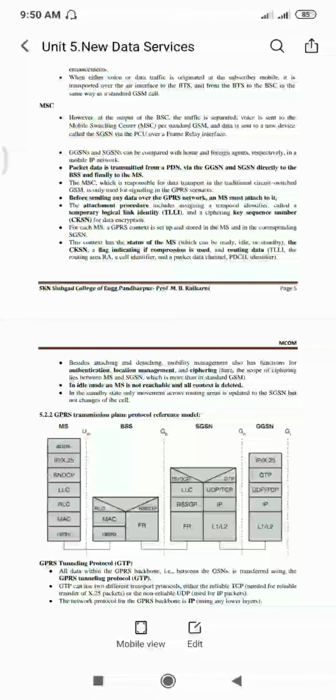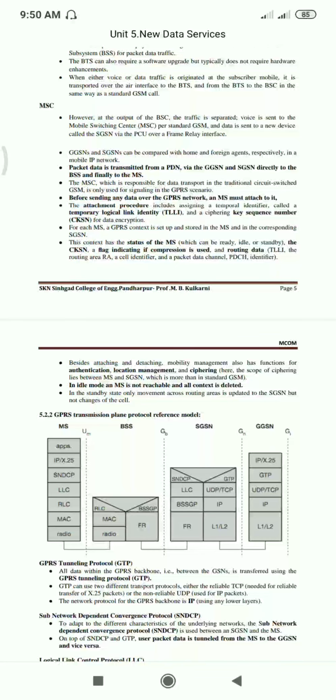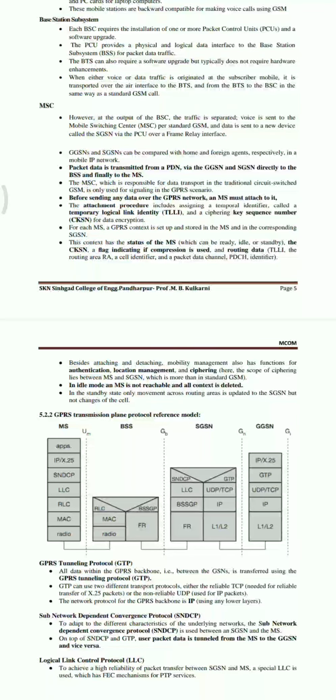Whenever the mobile station is in idle mode, the context created for that mobile station is deleted from the GPRS service. In the standby state, only movement across routing areas is updated to the SGSN, but not changes of the cell.